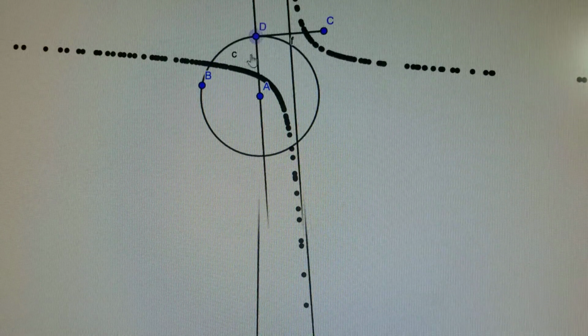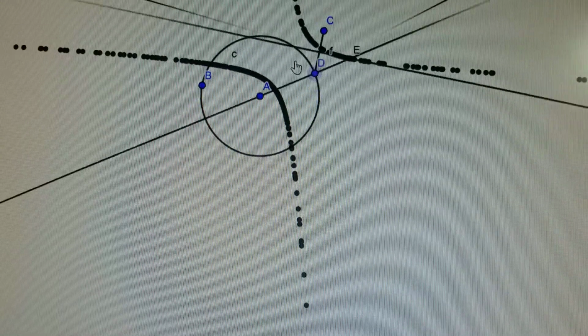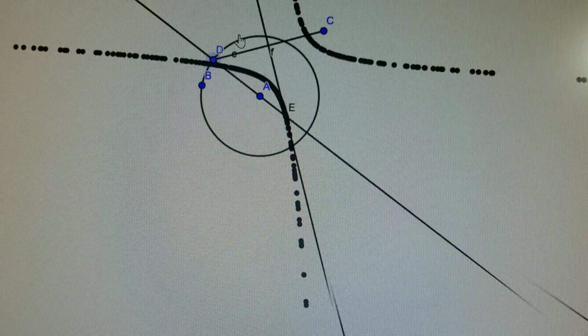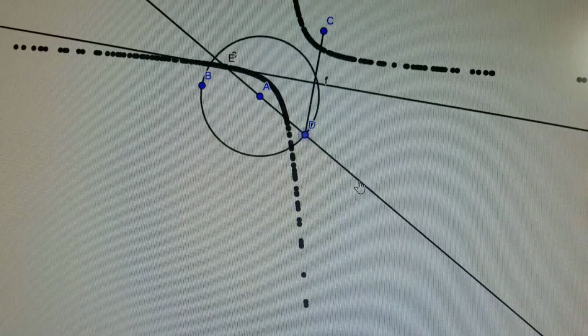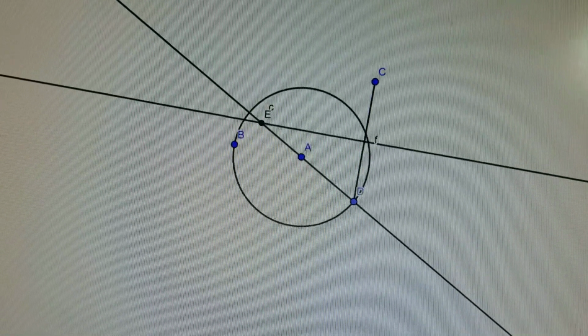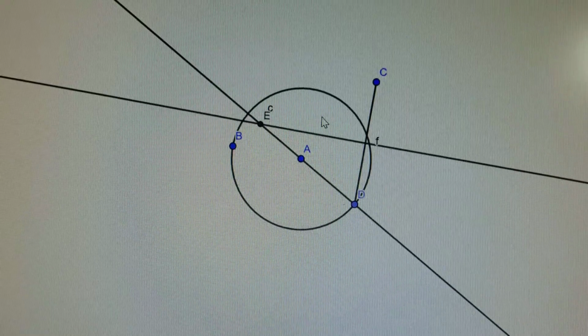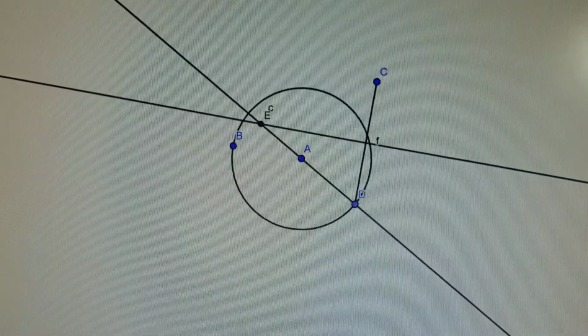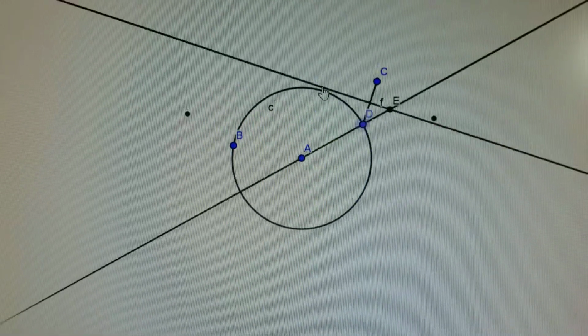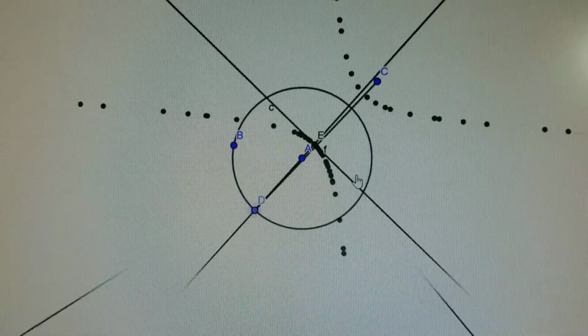I get two distinct branches. Two distinct branches. And this is called a hyperbola, part of the conic section. Therefore, I traced that one, and by moving these points, I get my hyperbola.